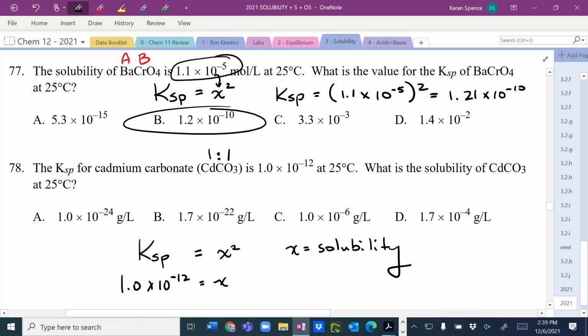And so the solubility then is equal to the square root of 1 times 10 to the minus 12, which is 1 times 10 to the negative 6.